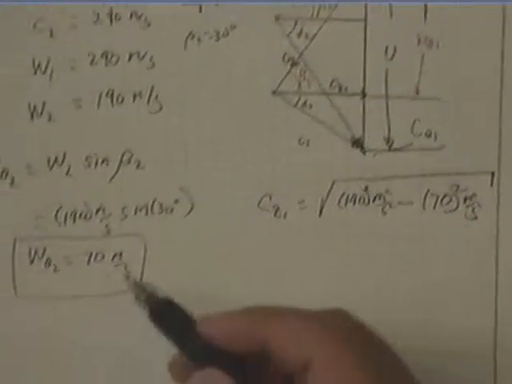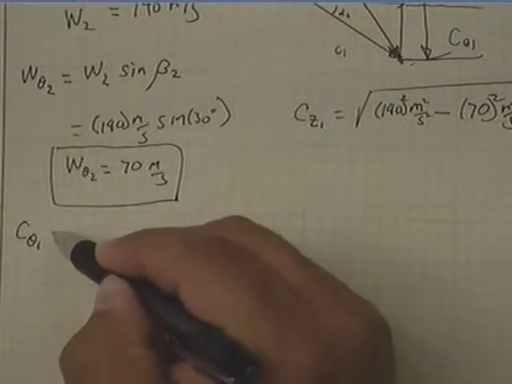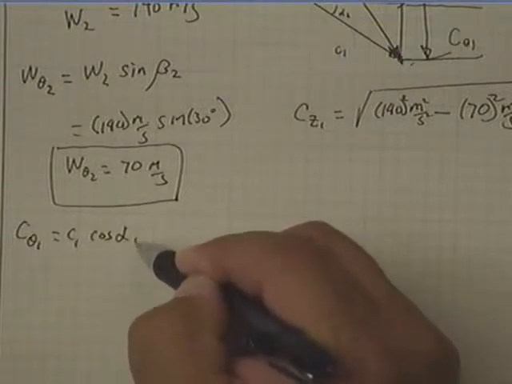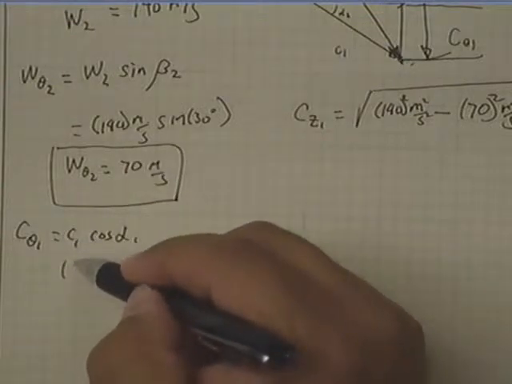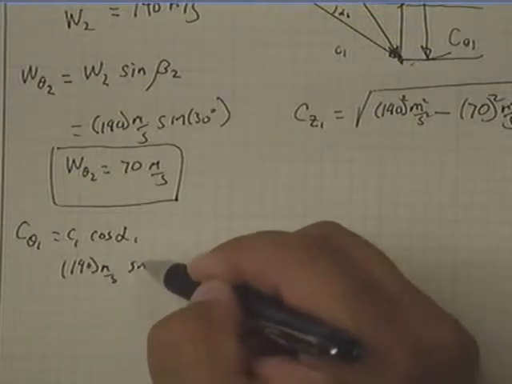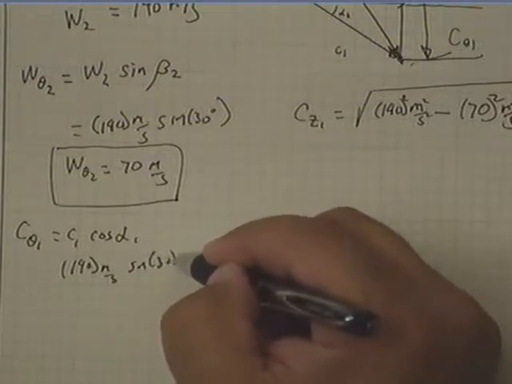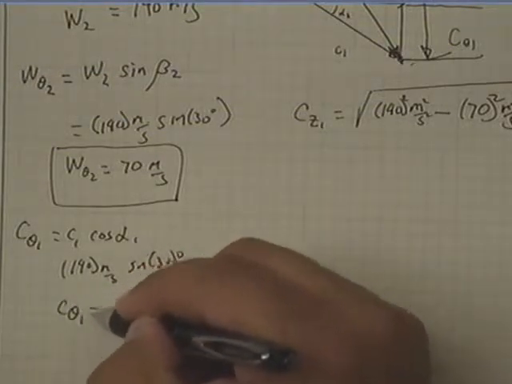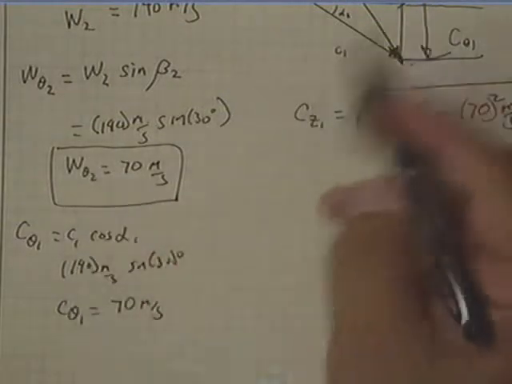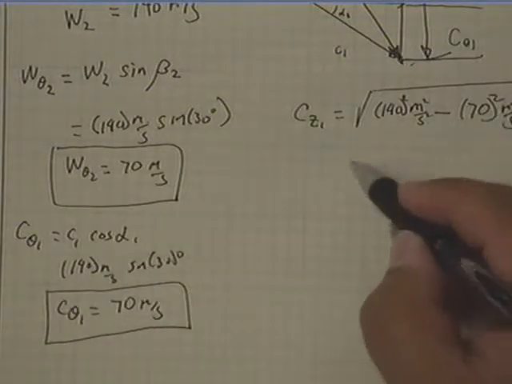So before you get to here, you look at C theta 1 as C1 cosine alpha 1, which again is 140 meters per second times sine of 30. And so C theta 1 is 70 meters per second, just like W theta 2, it's all symmetric. So this is what goes in here.